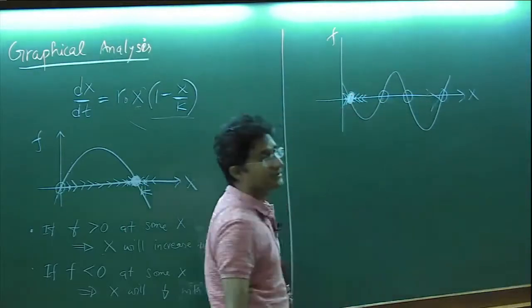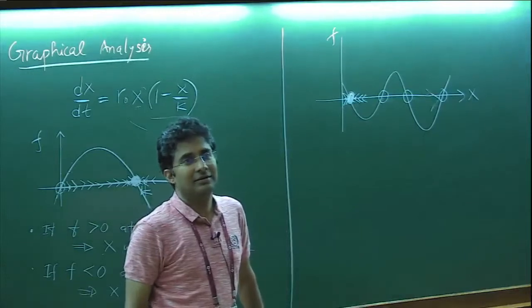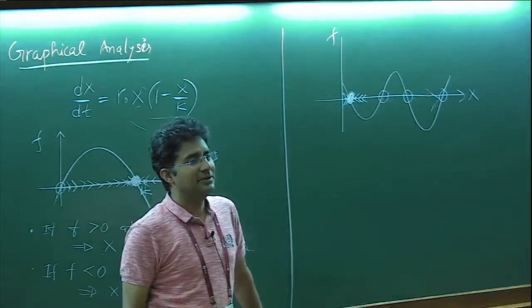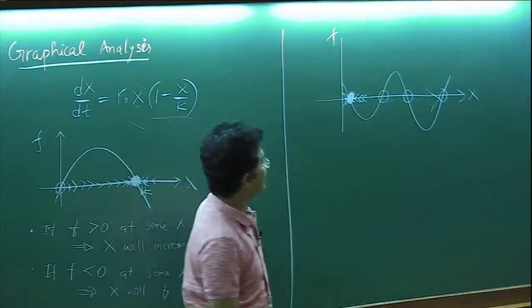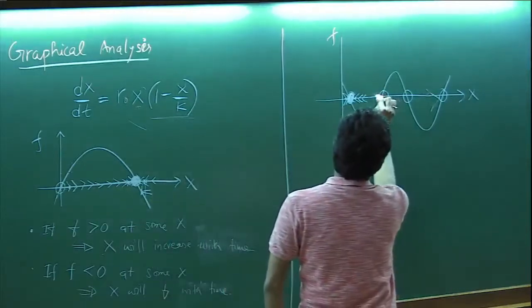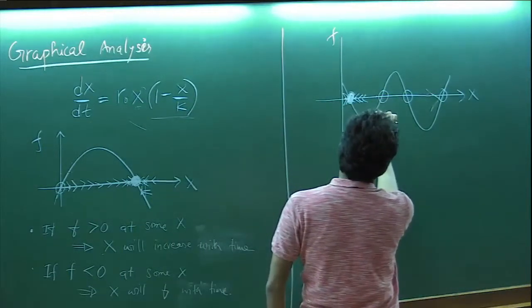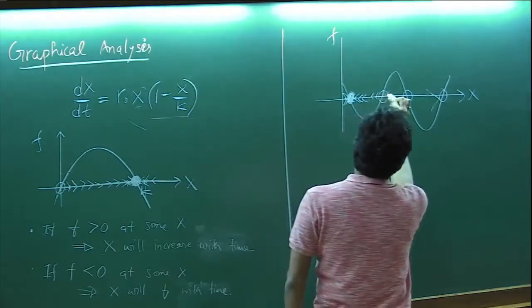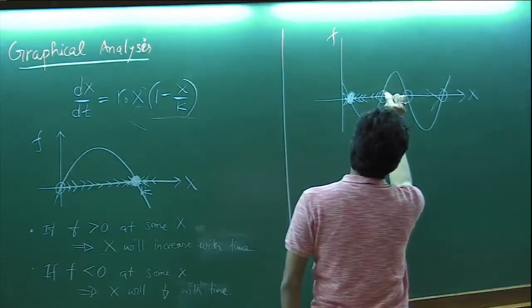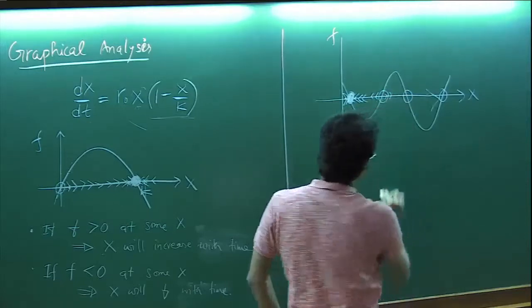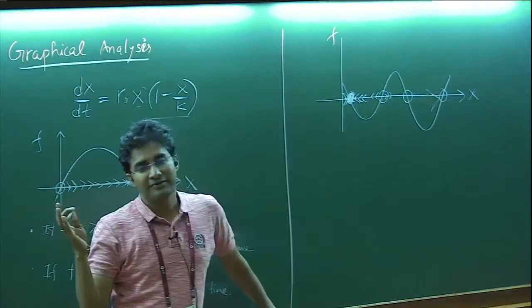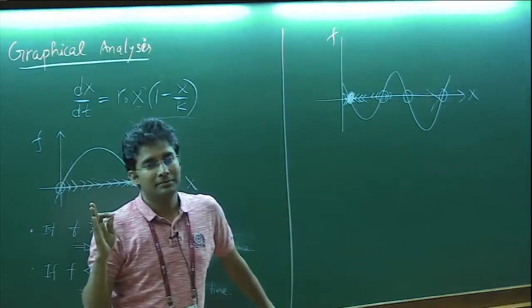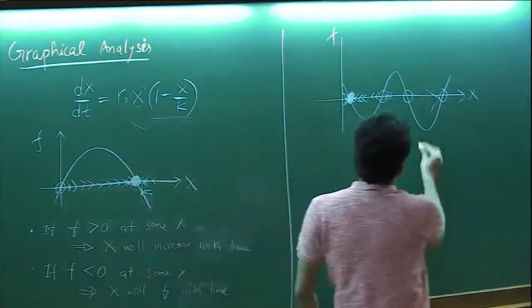What about this? The next one. Is it stable or unstable? Unstable. Why? Because any decrease I do will have a negative growth rate, meaning population will reduce further. Any increase I do will have a positive growth rate, therefore it will again go away. So in both directions, the system is going away from the equilibrium. So what about this now?